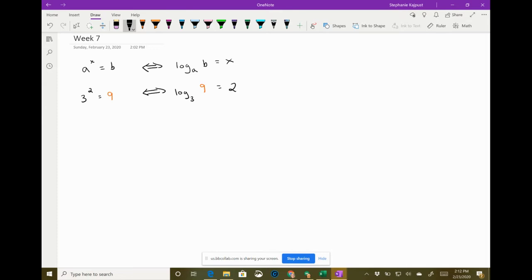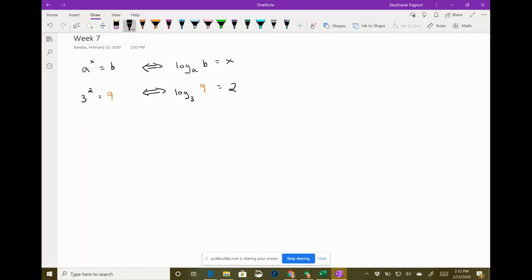So if you had the number 9 and you took the log base 3, it would give you that exponent, 3 to what equals 9. So it's a way to convert between these. You can convert something with a variable in the exponent, and we can remove the variable from the exponent by doing what's called a log.